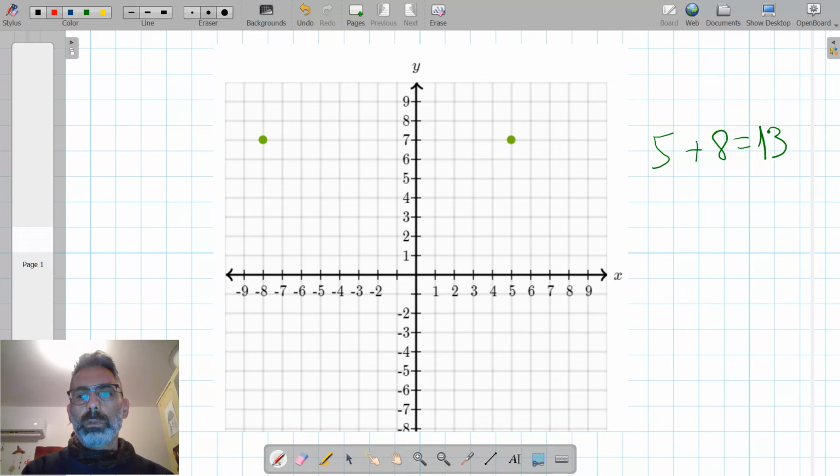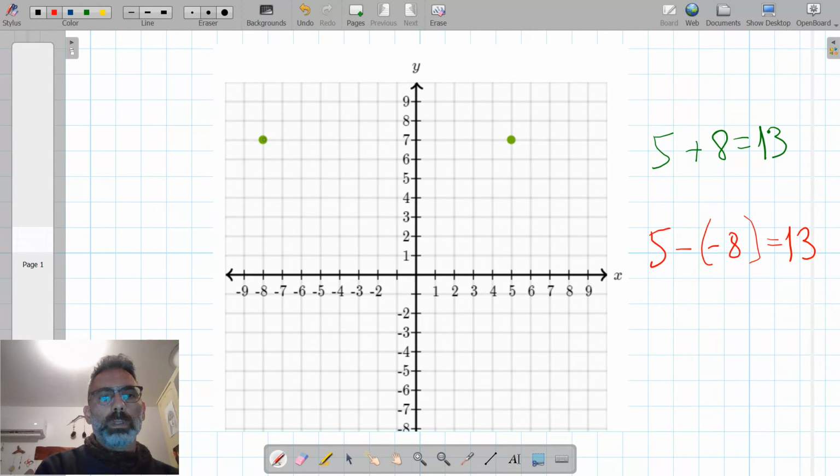So we can also write it as 5 minus -8, which is the same as 5 plus 8, which is 13. We can count. This distance is 8 hash marks, 8 units, 1, 2, 3, 4, 5, 6, 7, 8, and 1, 2, 3, 4, 5, so in total we have 13.